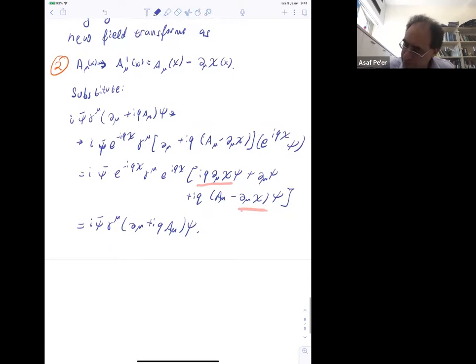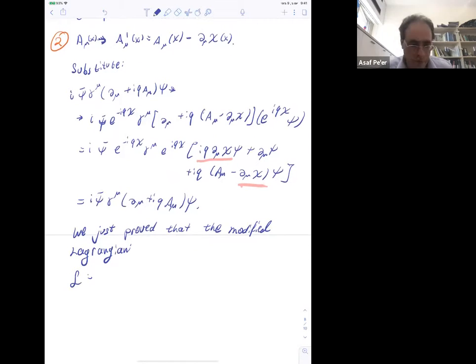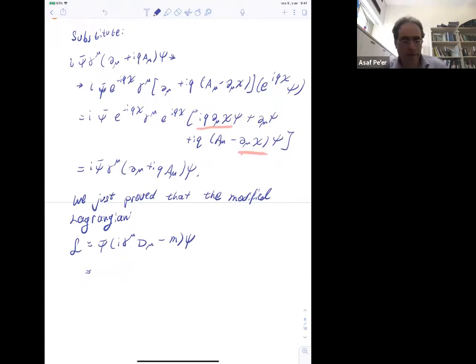So we just proved that the modified Lagrangian L, which is psi bar i gamma mu d mu minus m psi, that's right, which we can write down in length, right?